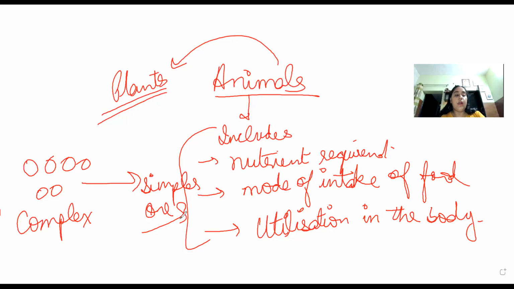Now, in this chapter, we will be discussing first a very complex body, that is the human body, right? Now let's come to that.